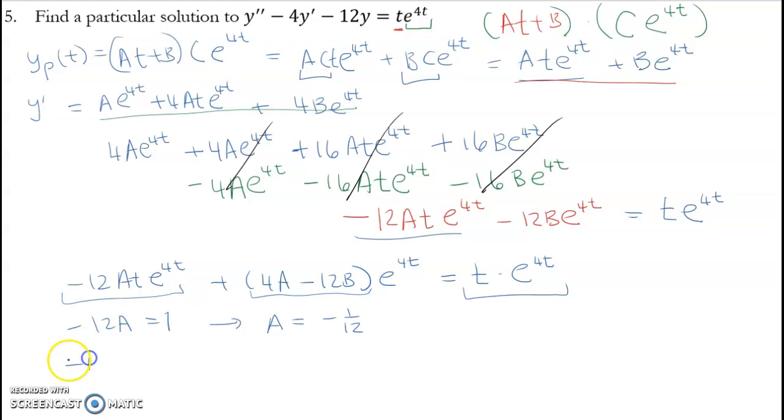So we have 4a minus 12b, this should equal 0, and we can plug in this a value, and if you do the math, this should get us to the b value of negative 1/36. All right, so that's it. After we plug in the a and b values to here, that's going to be our answer for number 5.